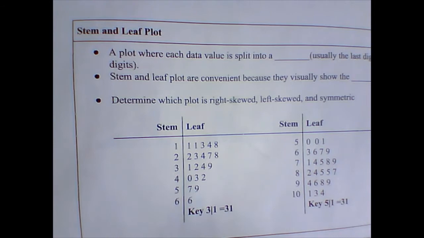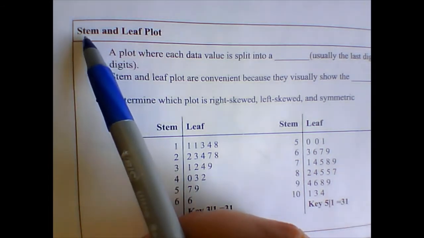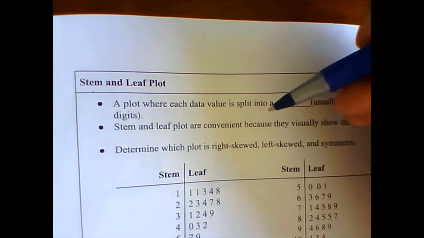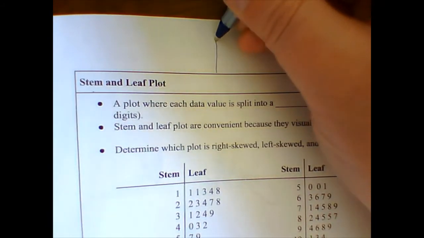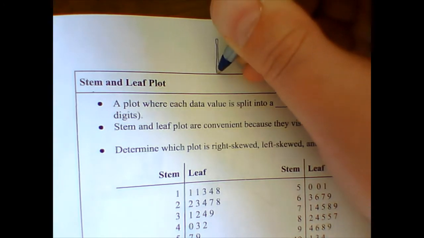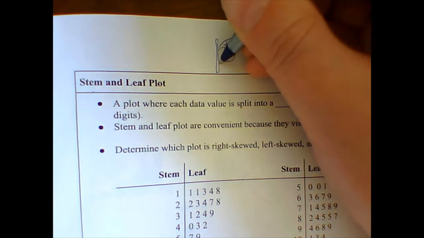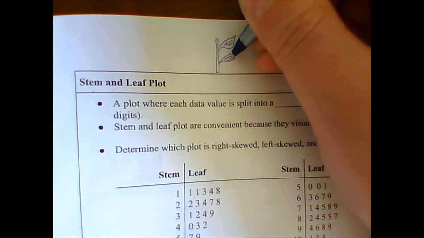All right. Finally, we're going to look at something called the stem and leaf plot. It is yet another way of displaying data visually and organizing it visually. Just so you know, the stem is usually on the left side, and the leaves usually grow on the right side.